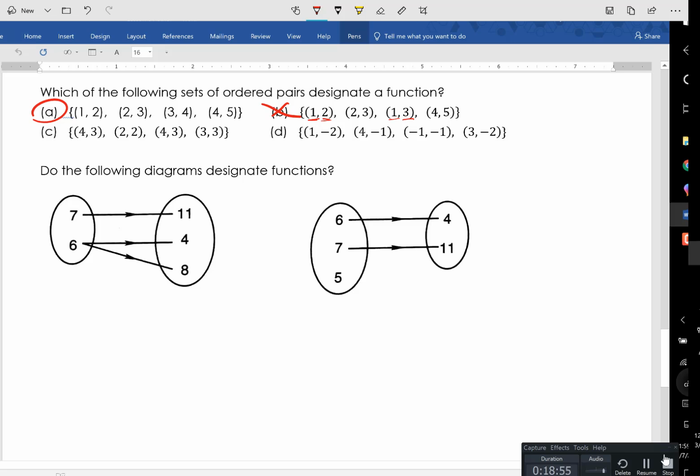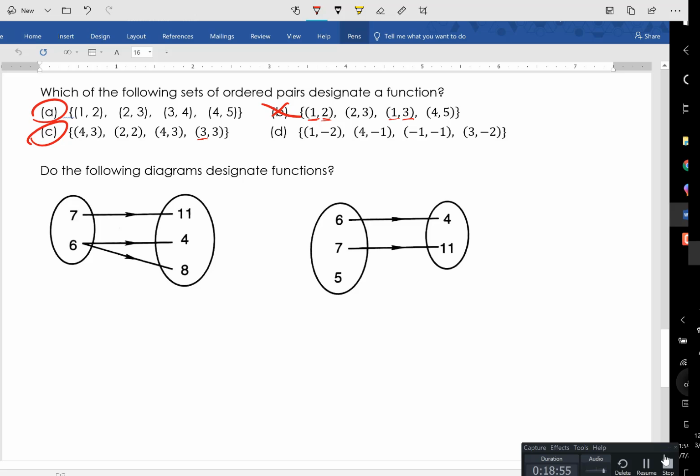C. 4 maps to 3, 2 maps to 2, 4 maps to 3. Well, that's not different. 4 is just mapping to the same exact number, so that's fine. And 3 maps to 3. That's okay. So that is a function. Each member of the domain, each x, has exactly one y.